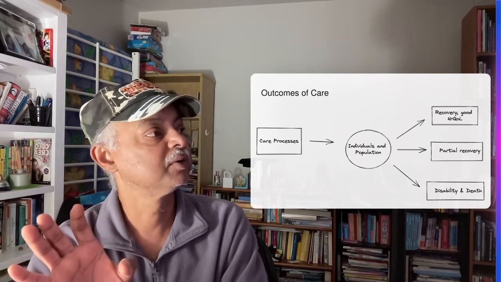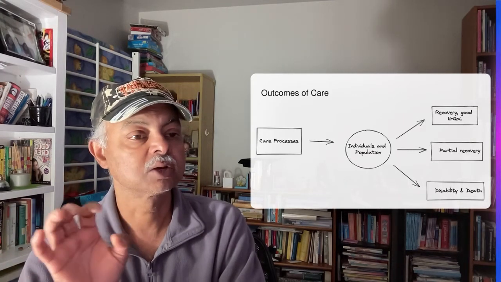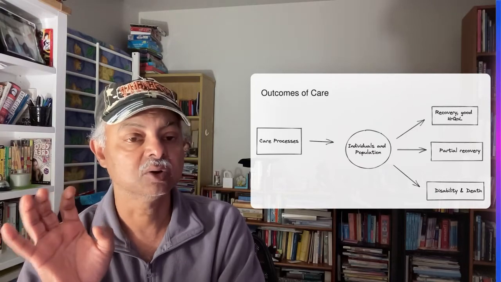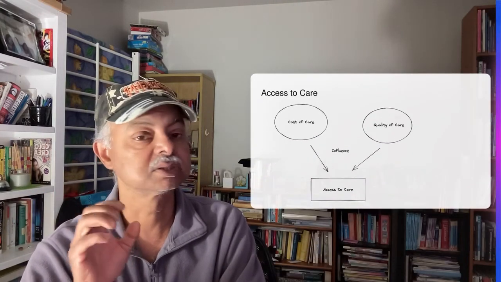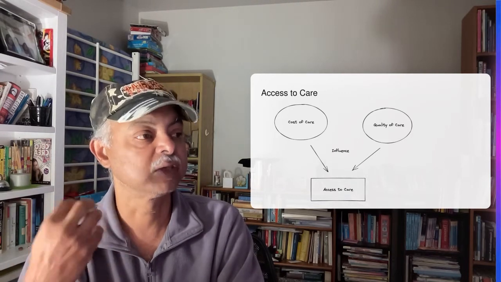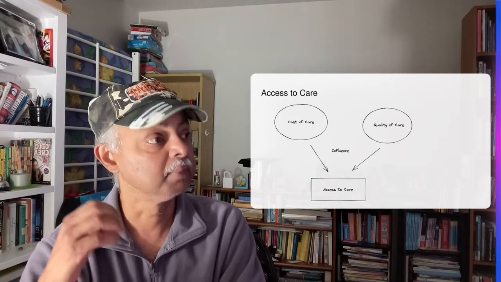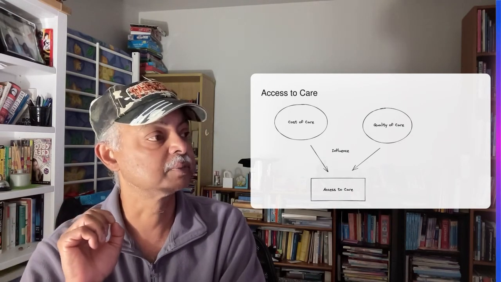So quality of care is also very important in order to understand the health system's performance, and quality of care and cost of care together contribute towards access to care. Because if the cost of care is very high, people may not be availing of the services that are made available, or may not be utilizing the services that are still present.